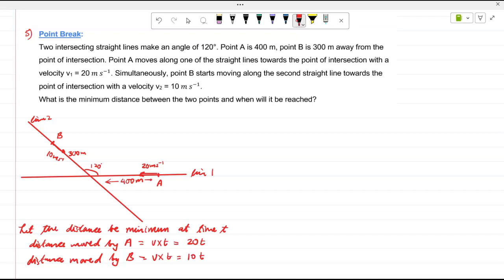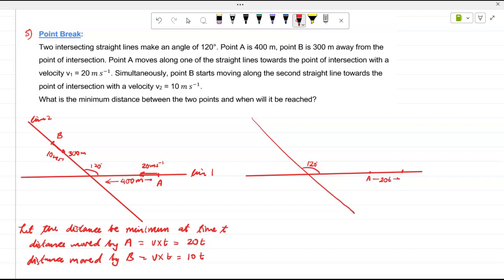Listen, suppose there's a beginning scenario, and now look at the scenario afterwards. This is 120 degrees. A was here, now A has come here. The distance traveled by A is 20t.